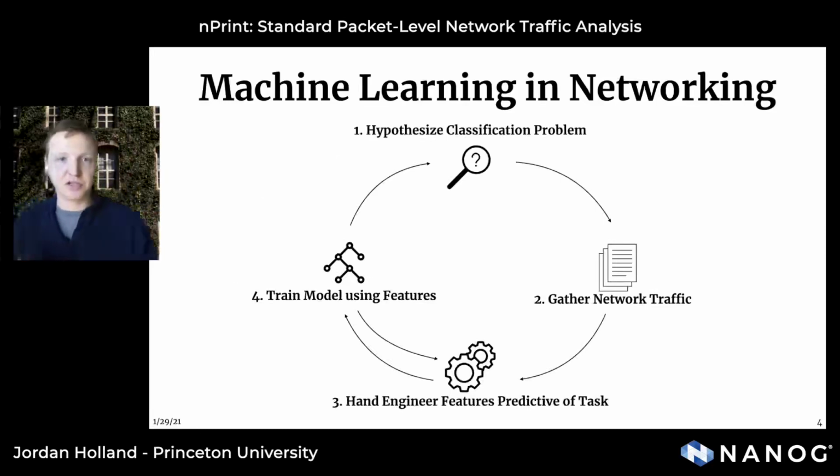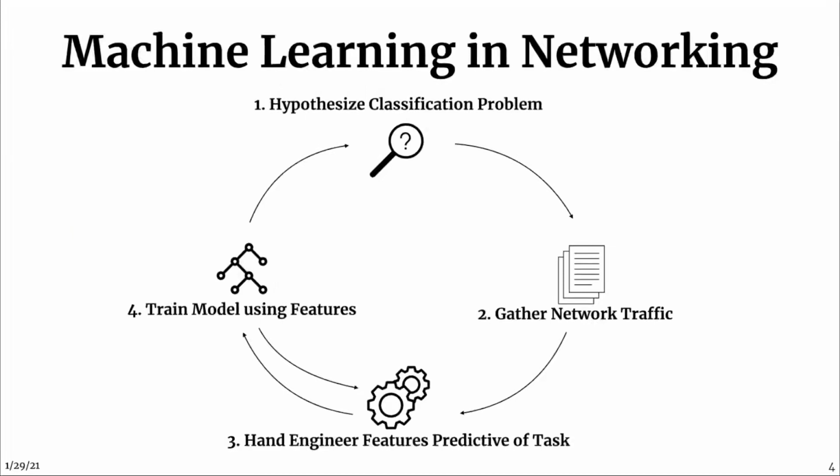So speaking of machine learning applied to network traffic, there's a real classic workflow when you're taking network traffic and you want to apply machine learning to it. First, you're going to hypothesize some problem. Say I want to fingerprint devices remotely, right? And then I'm going to gather network traffic that corresponds to that problem. So I'm going to probe devices in this case for device fingerprinting, and I'm going to look at the responses as my traffic.